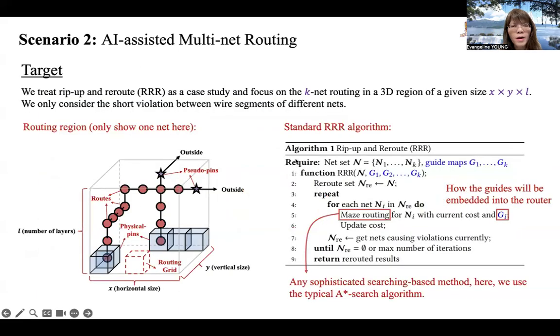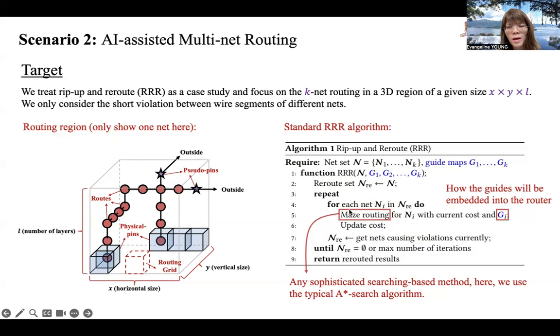So this will be the model that is the target that we would like to have. Imagine a 3-dimensional window, and there are pseudo pins, there are real pins, and then we have this global grid. Given the pseudo pins and the real pins, and also some of the blockages, we would like to predict some route guide, where the route guide will be used in the router to affect its routing.